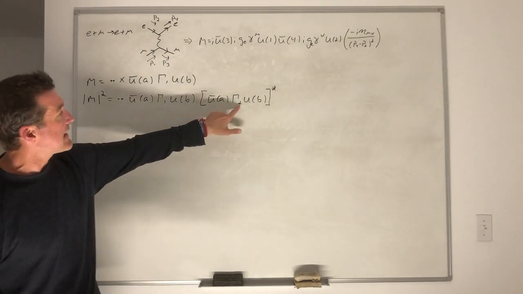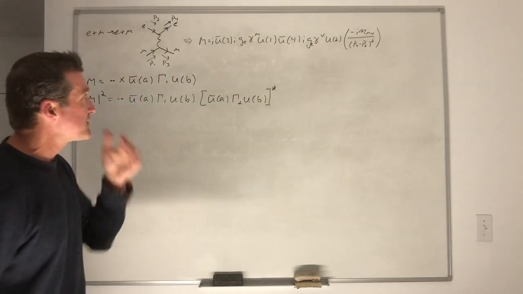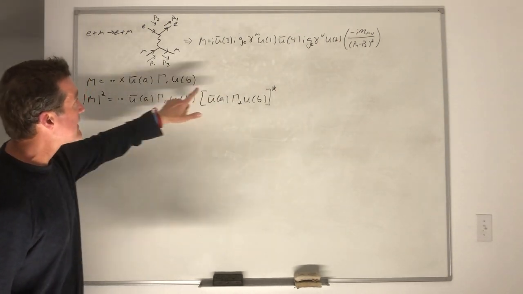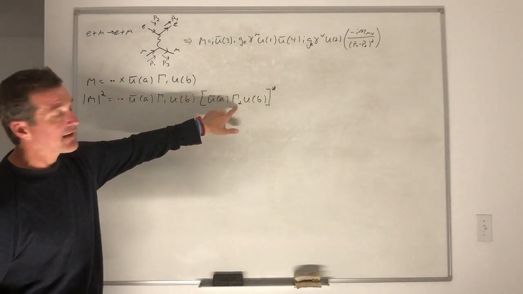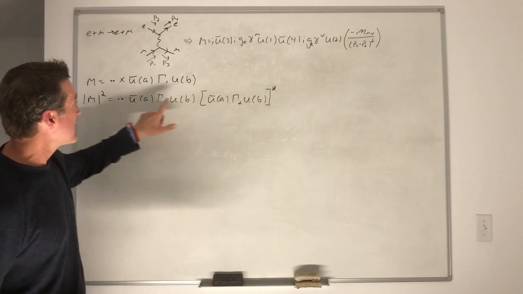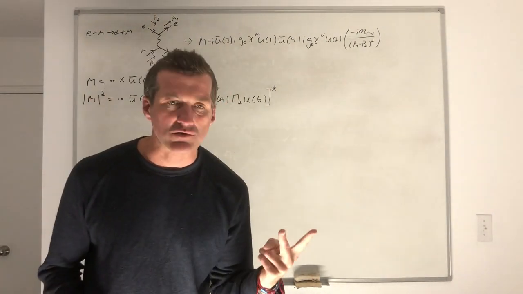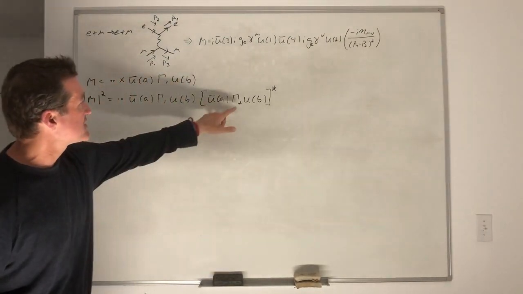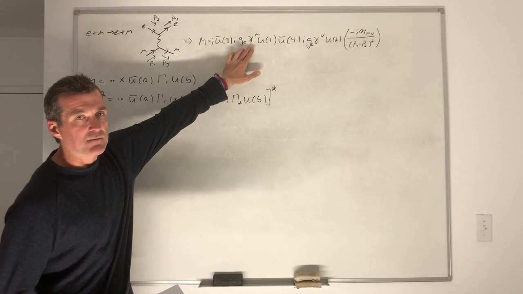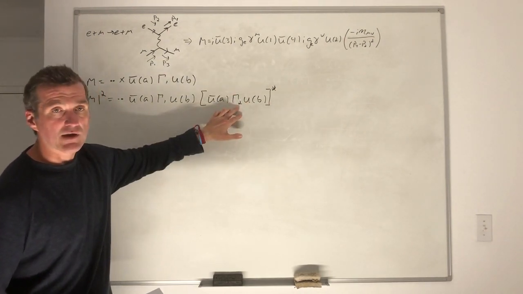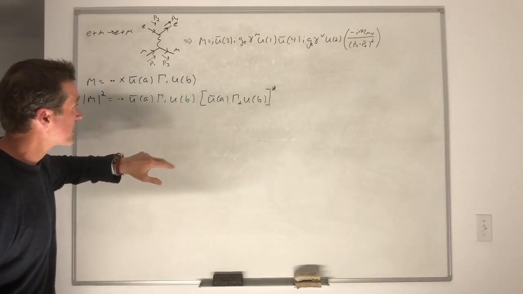But I put a different label here than here. And the reason for that is because in case this carries a vector index like the mu, we want to make sure we give it a different index here, because if we get a gamma mu here and a gamma mu here, we don't know what to do with two gamma mu's in the same expression. So this is just telling you, change all the space-time indices on the stuff that appears as part of your gamma, or as part of your spinorial matrix. Okay? All right?